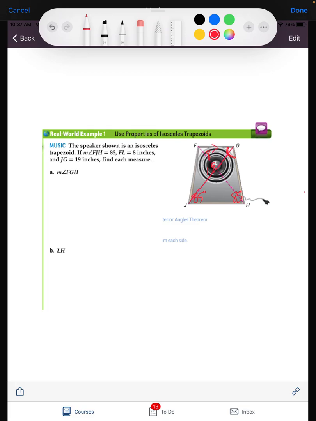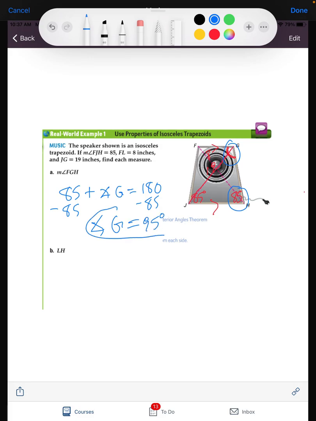So if this one's 85 and these two sides are parallel, then this angle, the one we're looking for, and this one are going to add up to 180 because they are consecutive interior angles. So we can say 85 plus, we'll just call it angle G for now, for FGH, G equals 180. So 180 minus 85, to get G by itself, equals 95, so 95 degrees. And that's our answer for that one.